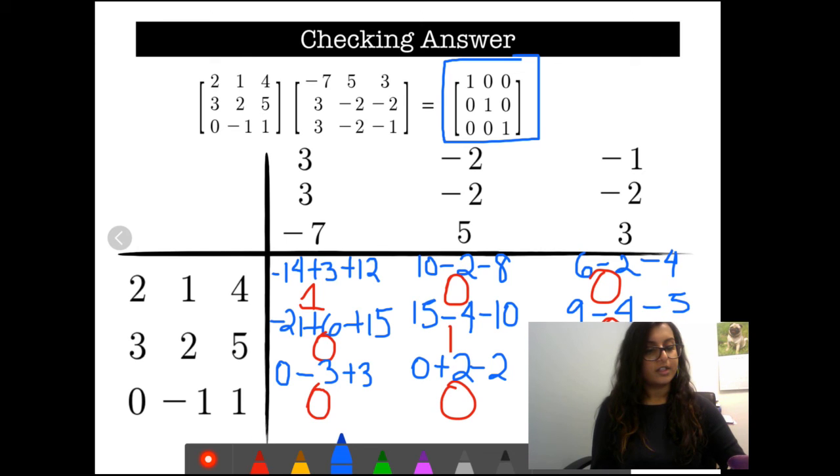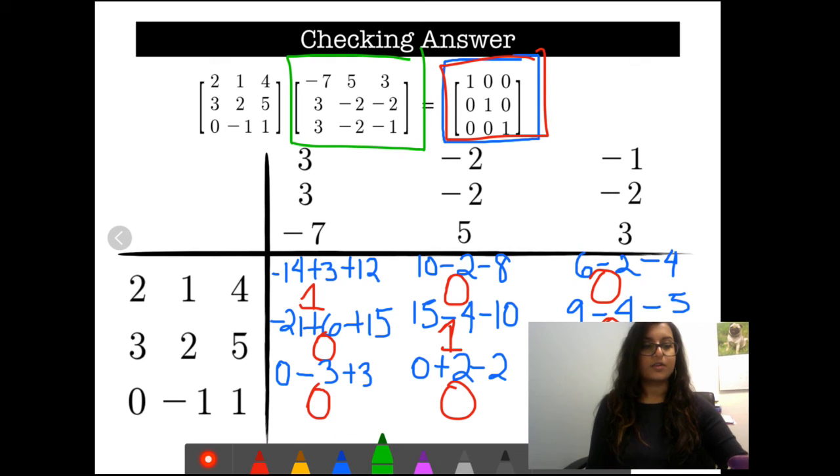And the last part here is going to be 0 times 3, which is 0, -1 times -2, so plus 2, and 1 times -1, which is -1, and that does in fact give us 1. So we can see that our answer when we multiply these is in fact the identity matrix, and so we know that our inverse is correct.